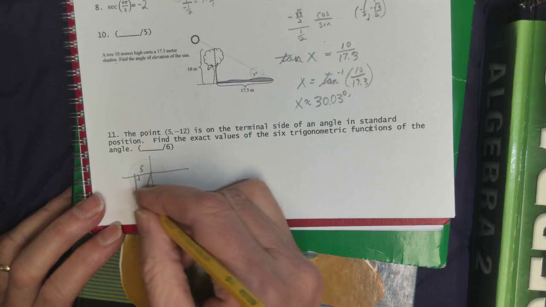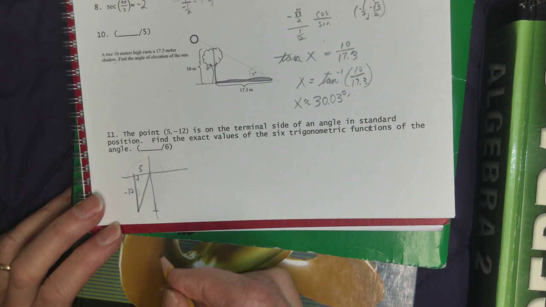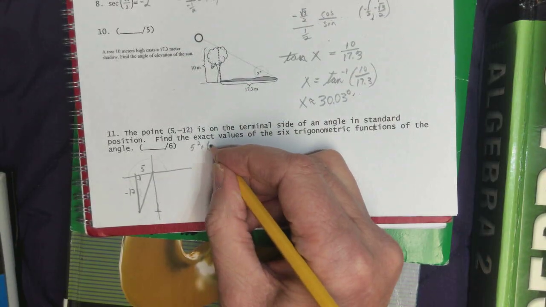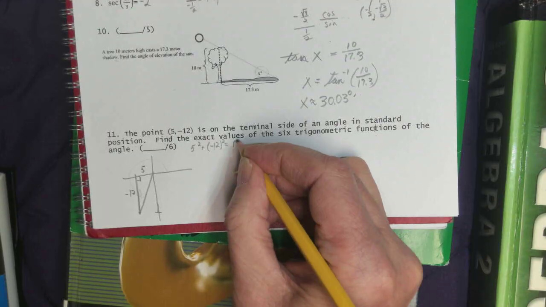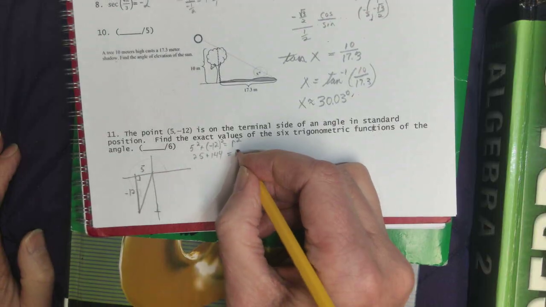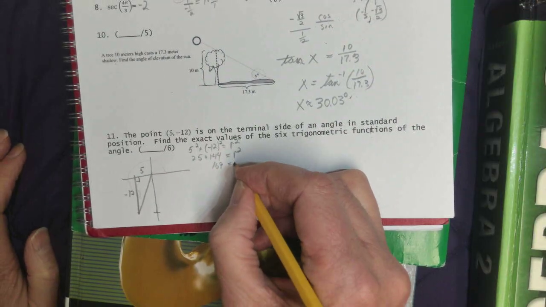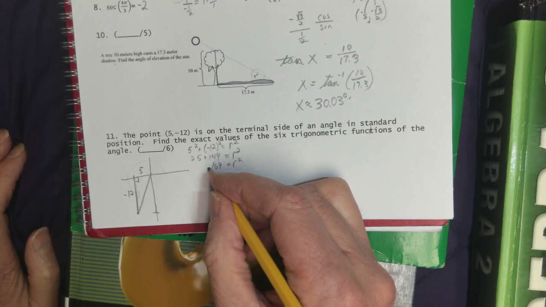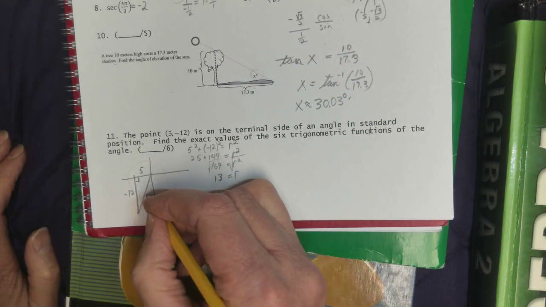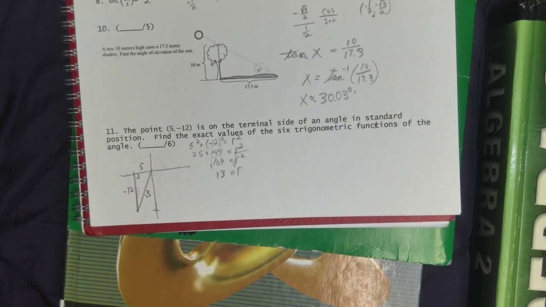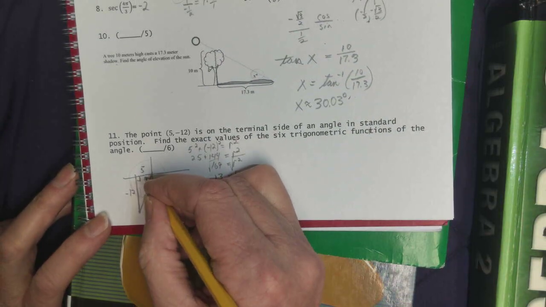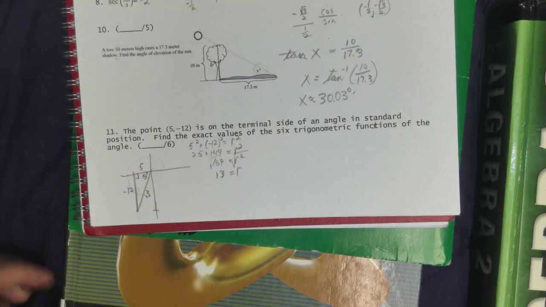That's 5. This side is negative 12. 5 squared plus negative 12 squared equals r squared. 25 plus 144 equals r squared. 169 equals r squared. Square root of 169 is 13. So that is 13 there.